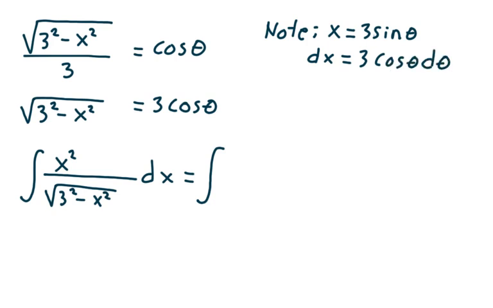Now, let's put in our information here. I'm going to take x and square it, and when I do, I get 9 sine squared theta.